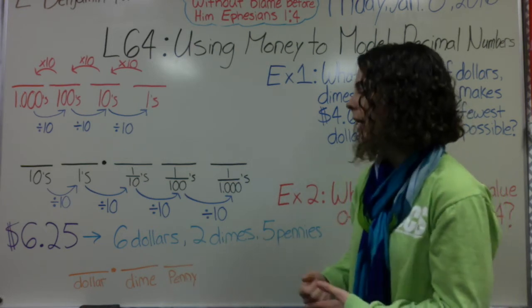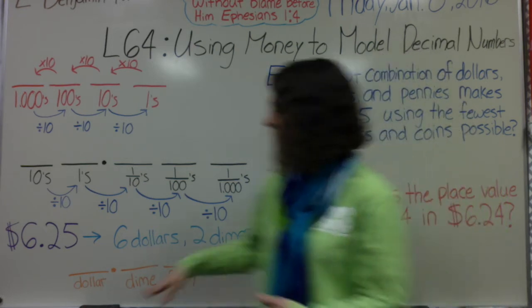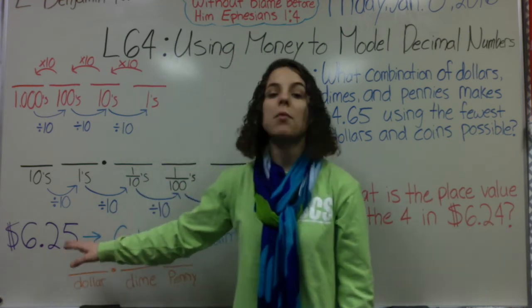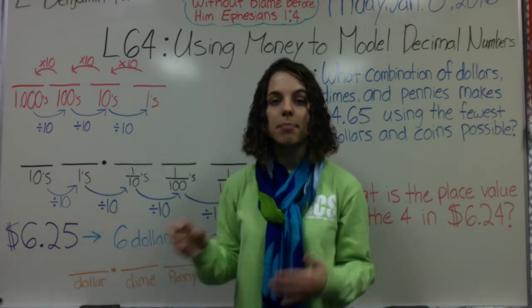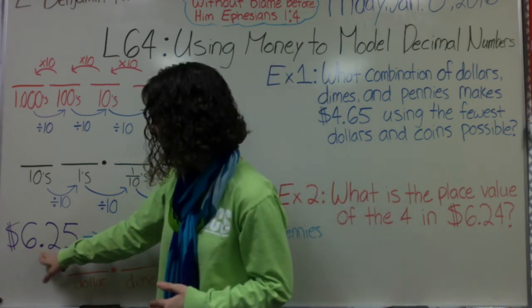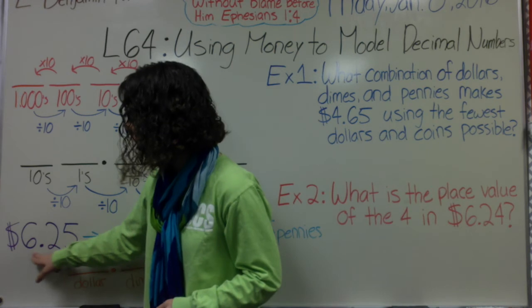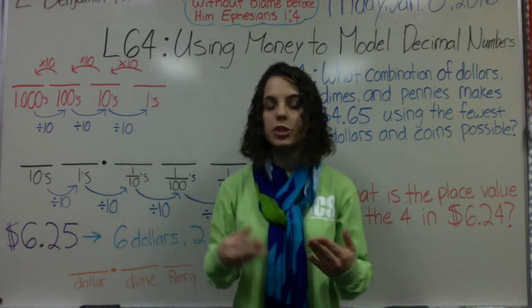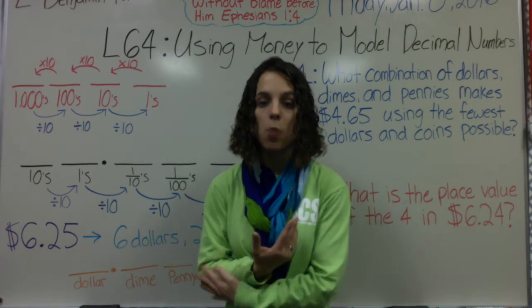So when we're going to compare it with dollars and cents, if I were to have an amount such as $6.25, I want to look at it with place value. So the importance of our place value is we still have our decimal point, and this is my dollar amount. This is how many dollar bills I would have. I'm not going to break it up into a $5 bill and a $1 bill.